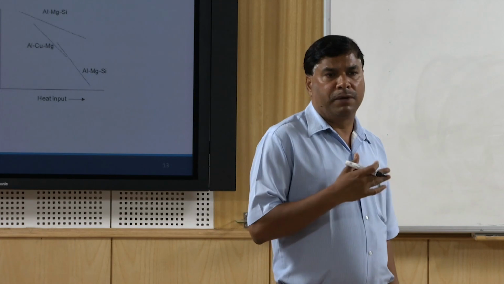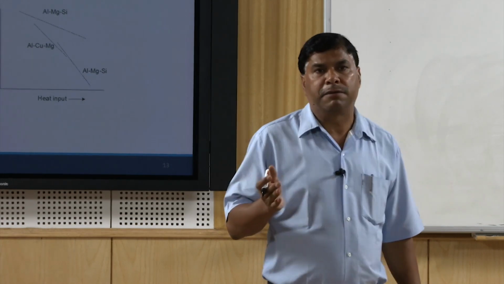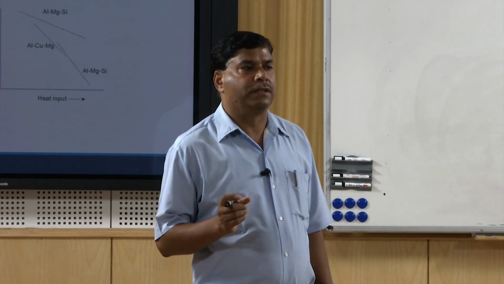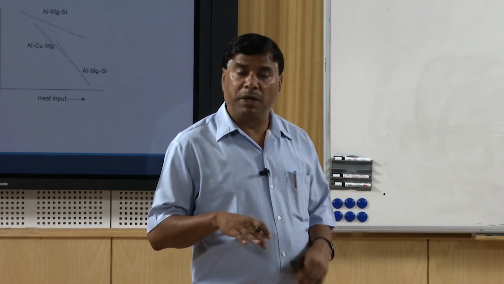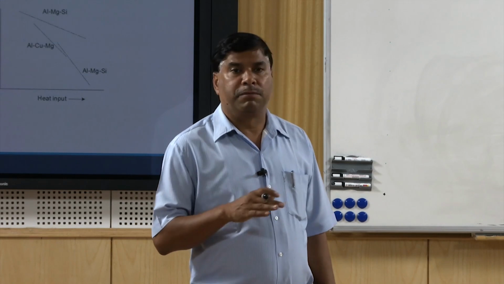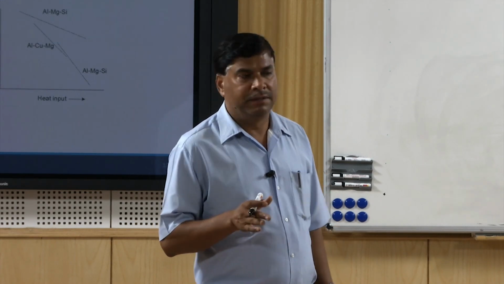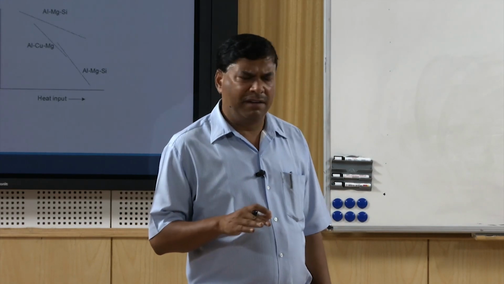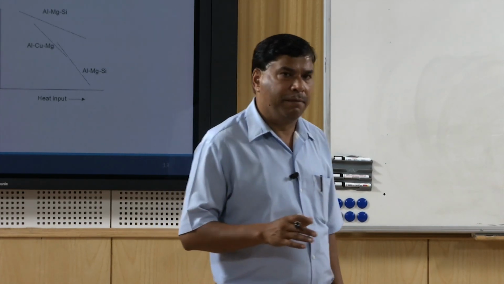So, it is important that heat being delivered to the workpiece is kept as low as possible, so that a sound joint is made without compromising much of the quality of the weld joint, and without much adversely affecting the base metal.